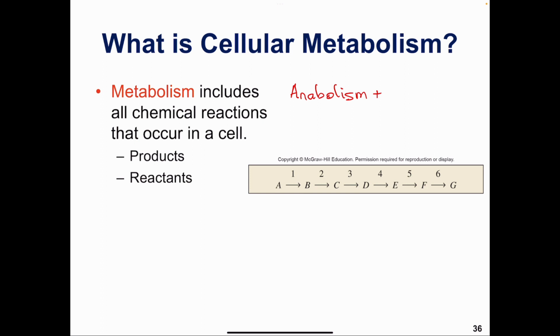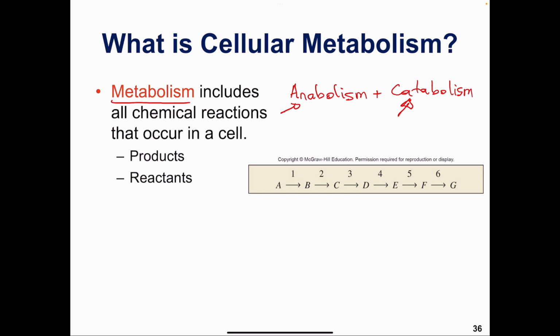Reactions of breaking down or reactions of hydrolysis are also called catabolic reactions or catabolism. What is metabolism? Metabolism is the sum of all anabolic reactions plus all catabolic reactions that are happening in your system. In other words, reactions of synthesis and breaking down.